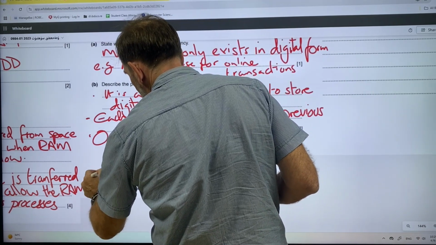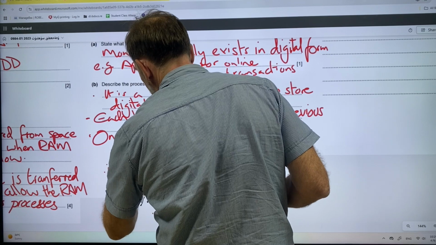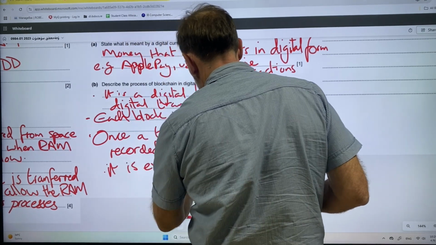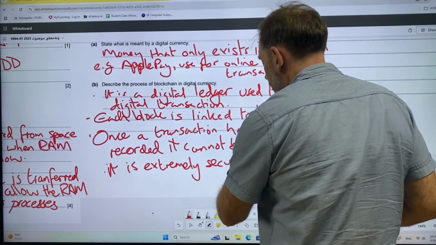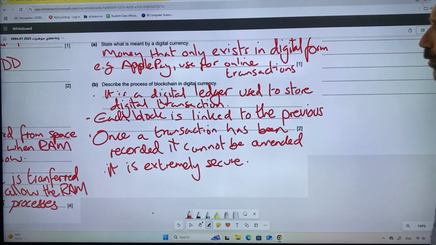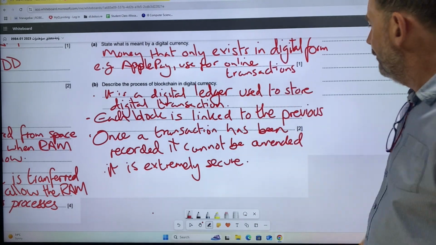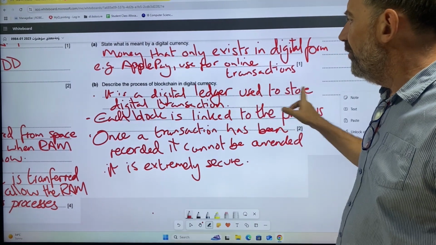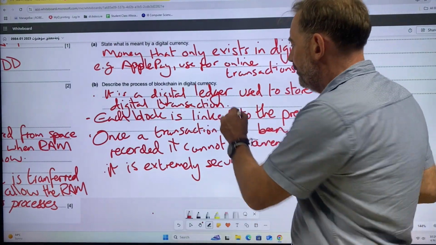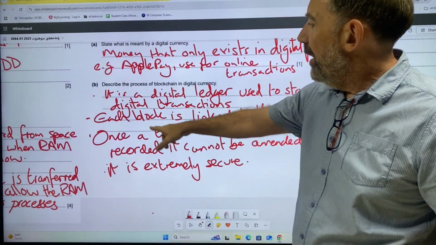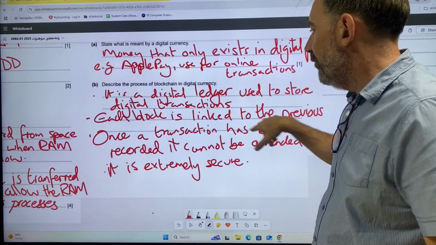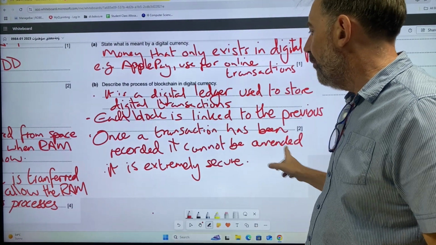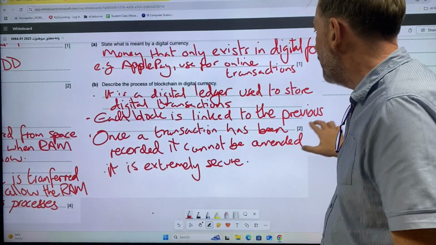It is extremely secure. Okay, I think that's more than enough for 2 marks. It is a digital ledger used to store digital transactions. Each block is linked to the previous one. Once a transaction has been recorded, it cannot be amended. It is extremely secure.